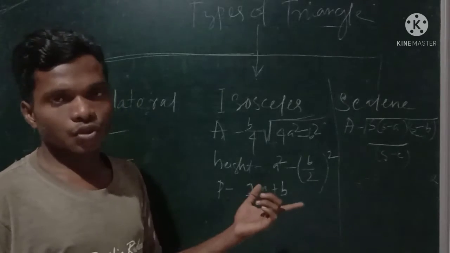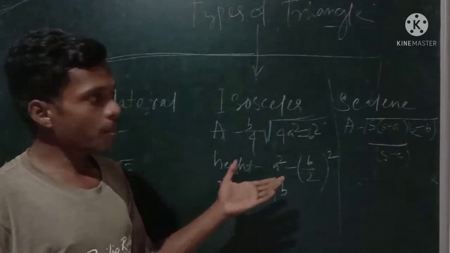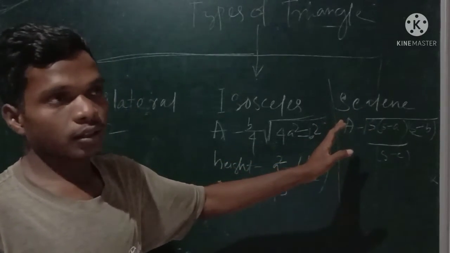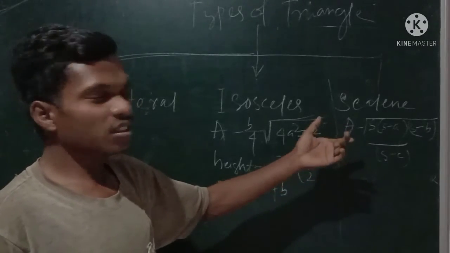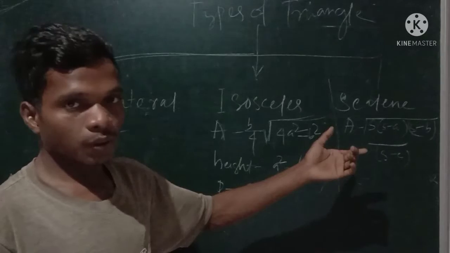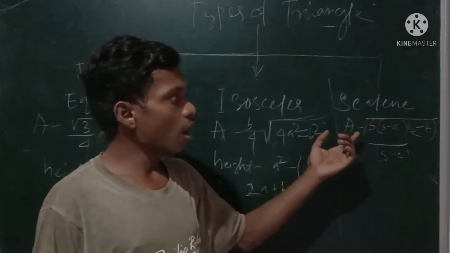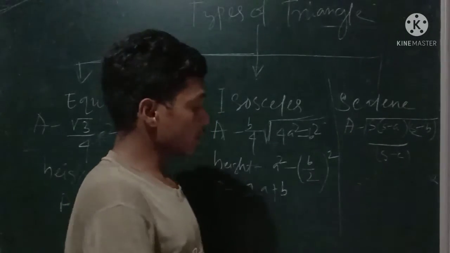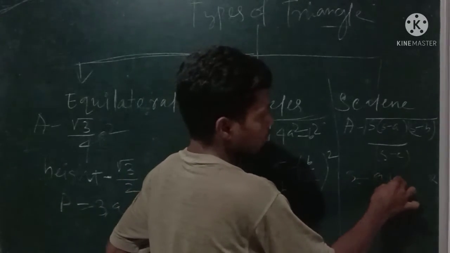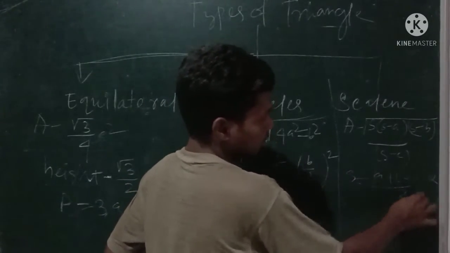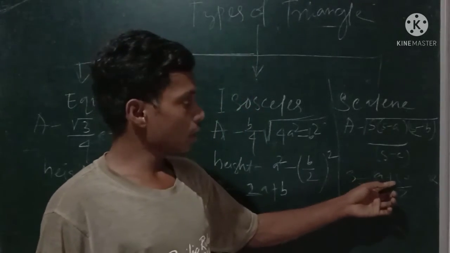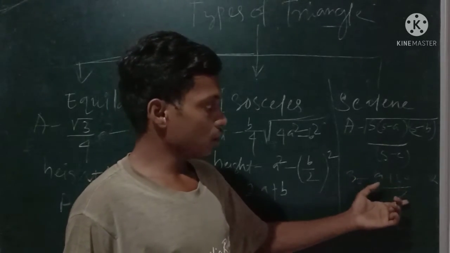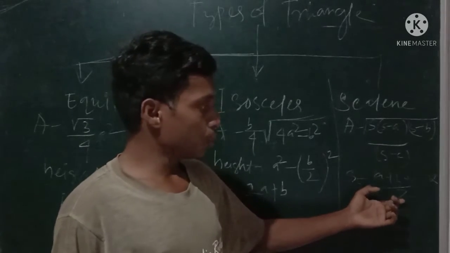Next, the scalene triangle, in which all the sides are not equal, and maybe the angles are not equal either. How do we find the area? Here S means semi perimeter. Semi perimeter is a plus b plus c divided by 2, the sum of the three sides divided by 2.